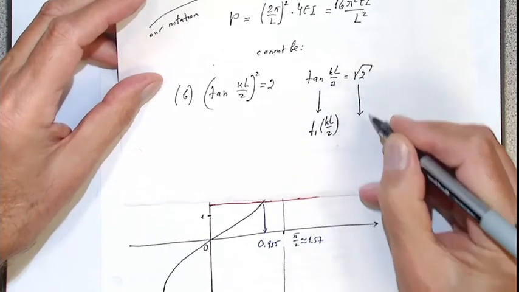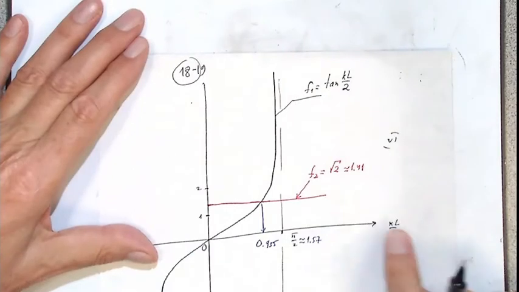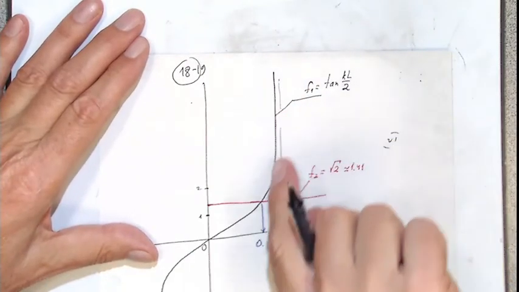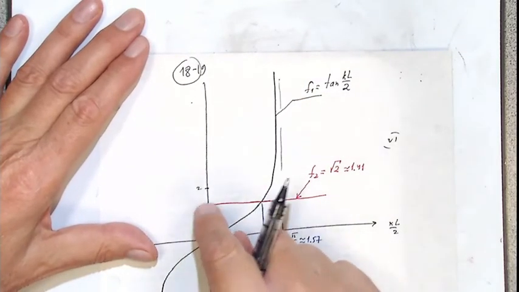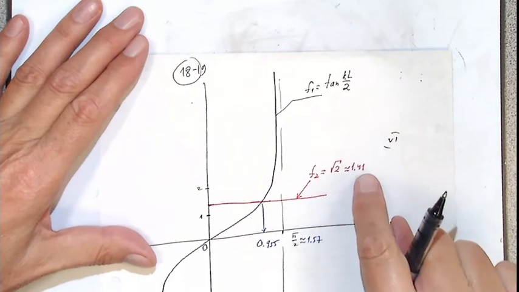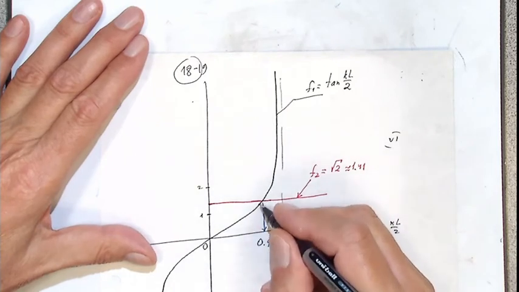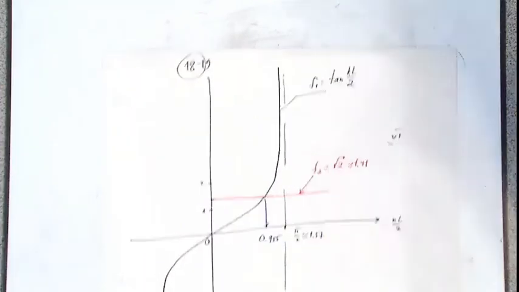This is f2. This is KL over 2. So that is function 1. And second is a constant, that is square root of 2, or approximately 1.41. So the intersection is here. It should be found on computer naturally.